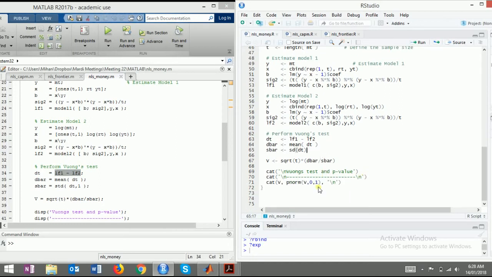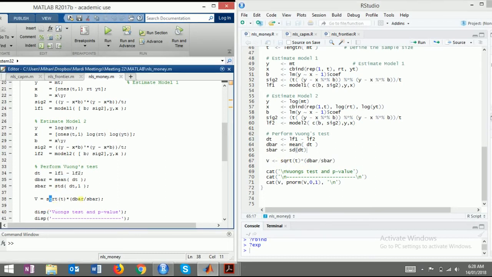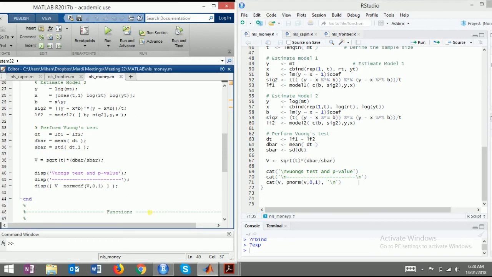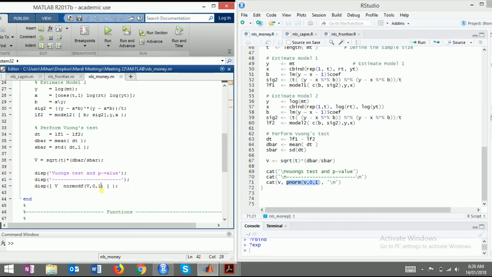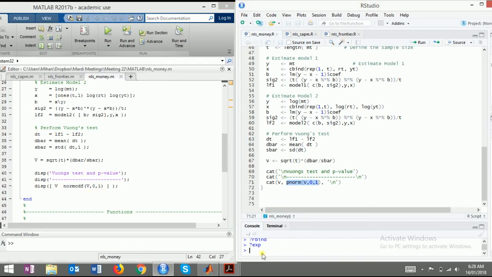And in Vuong's test, the p-value is the square root of T multiplied by the mean d bar divided by standard deviation, which follows a normal distribution. We want the normal cumulative distribution. So p norm V 0 1, norm CDF, is simply, I guess, let me check though.